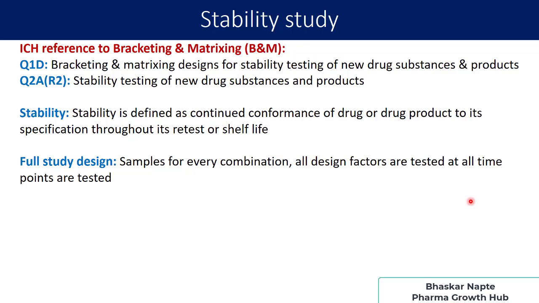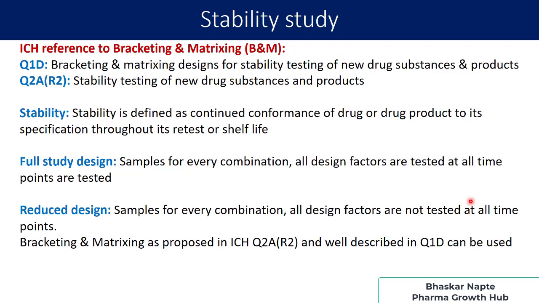But there is a very smart way of doing the stability testing, and that is the reduced testing, or the reduced design. So how can this be used? Samples for every combination of all design factors are not tested at all time points. And we are going to talk about how this testing can be reduced with the help of matrixing.